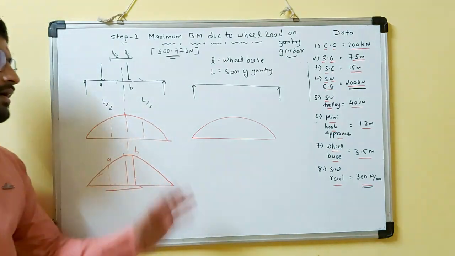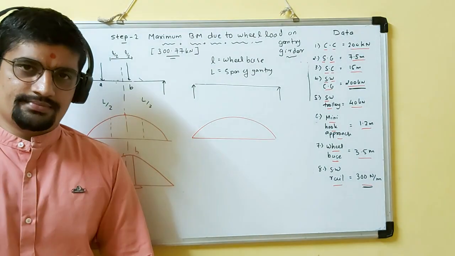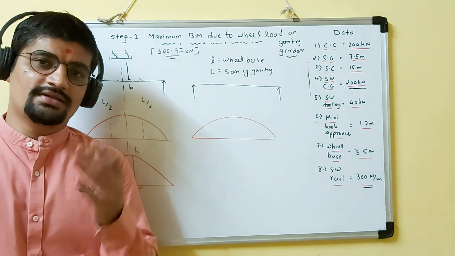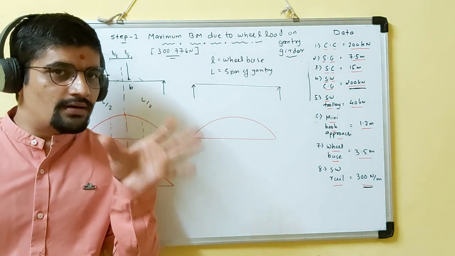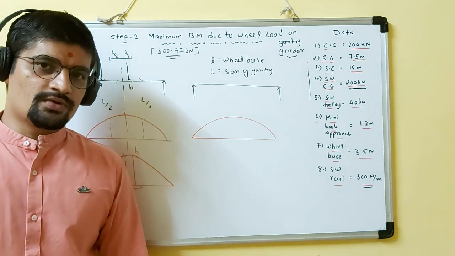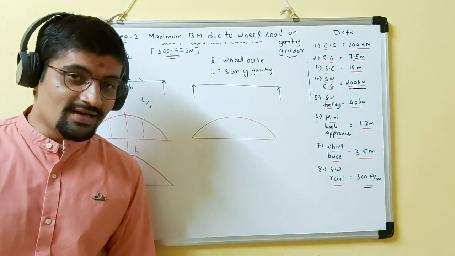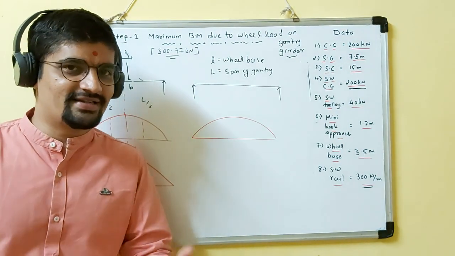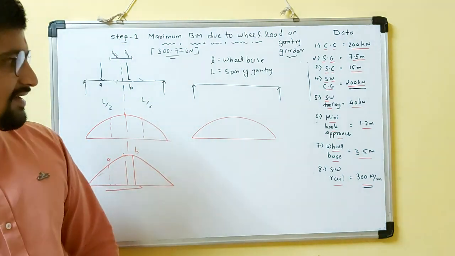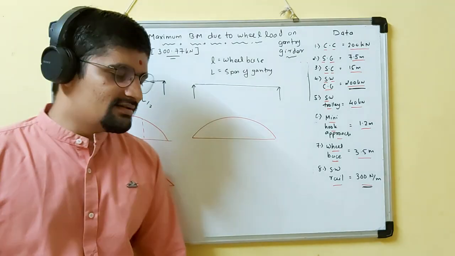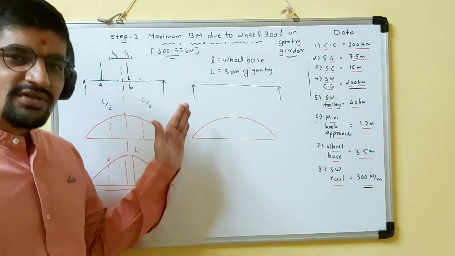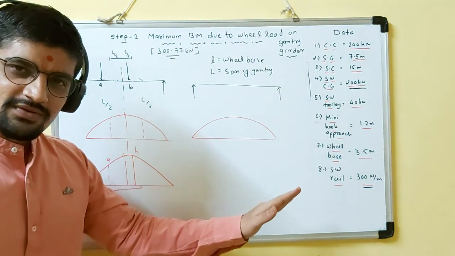Now we get confused about how much nearer we need to keep our wheel. That's why IS codes are designed, because our human mind is so tricky. This much closer, this much closer, this much closer.